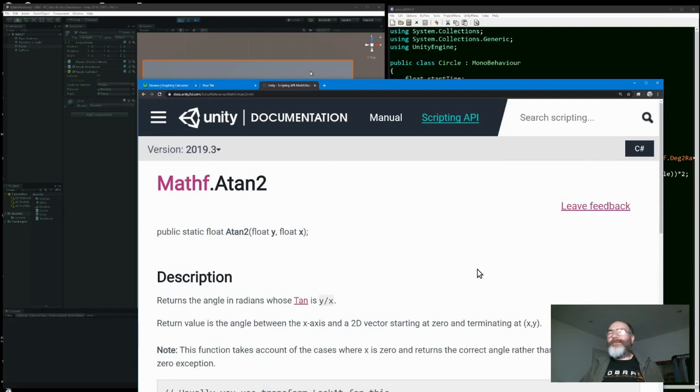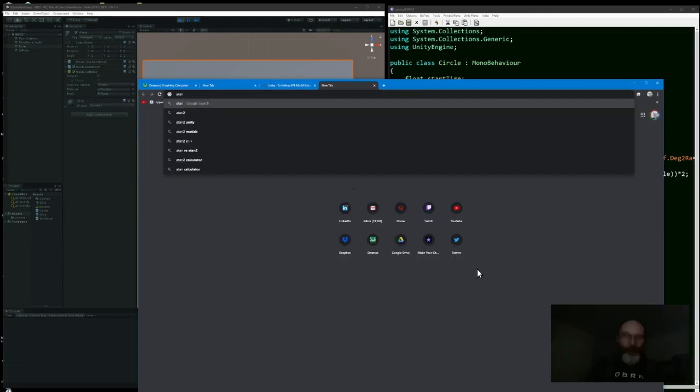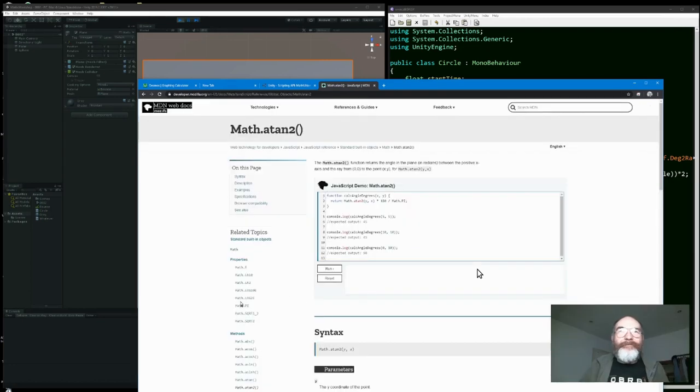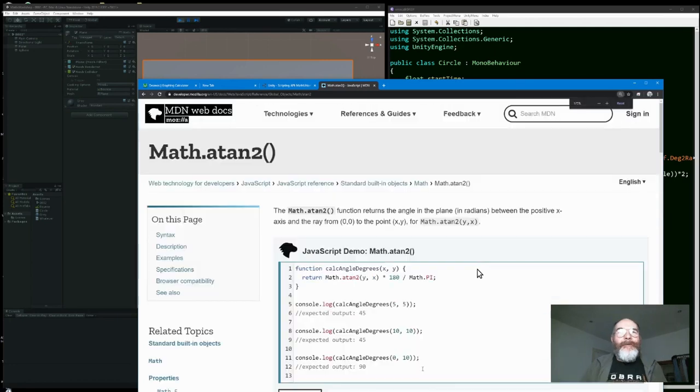And so what do you do? You go and look up Atan2 from somewhere else. JavaScript. Calculate angle degrees, xy, Math.atan2, yx.